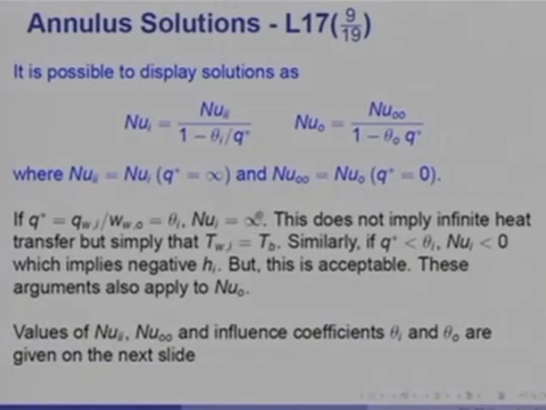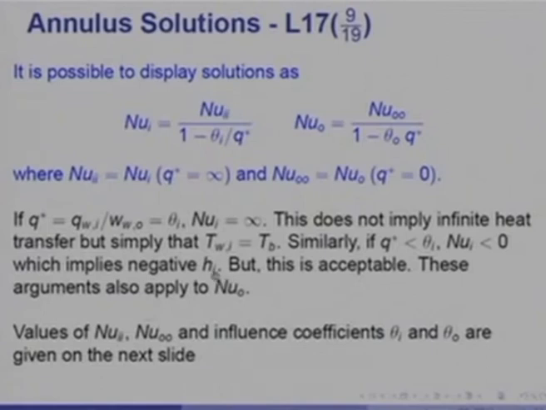But that should not worry us, because it does not imply infinite heat transfer, but simply that the inner wall temperature turns out to be equal to the bulk temperature, and therefore Nu I goes to infinity. Similarly, if Q star is less than theta I, then Nu I will turn negative, which implies negative H I.